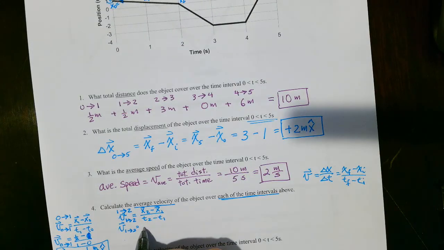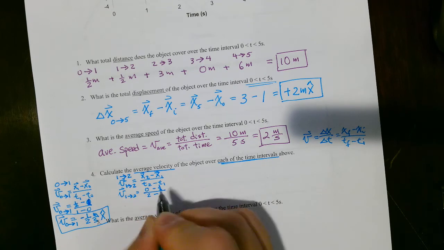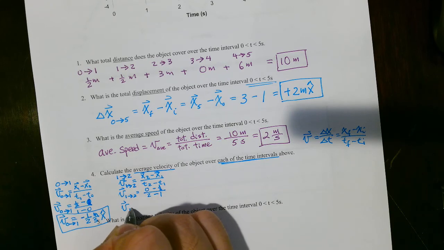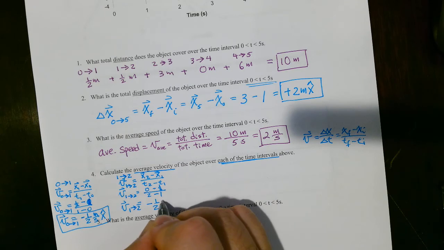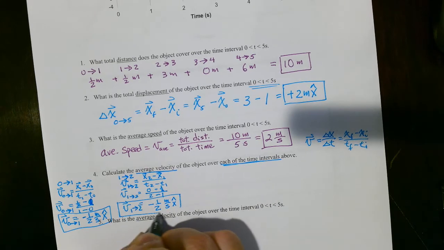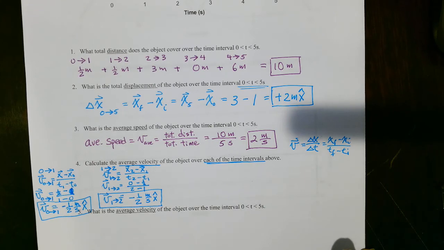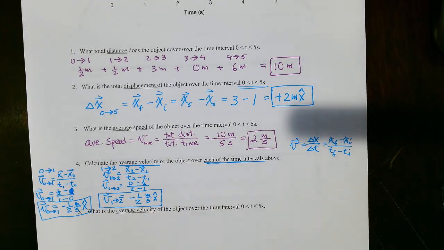So here, I have 0 minus 1/2 over 2 minus 1. Therefore, my v of 1 to 2 seconds is equal to negative 1/2 meters per second x hat again. Okay, everybody following me okay? Come on, give me some feedback here.